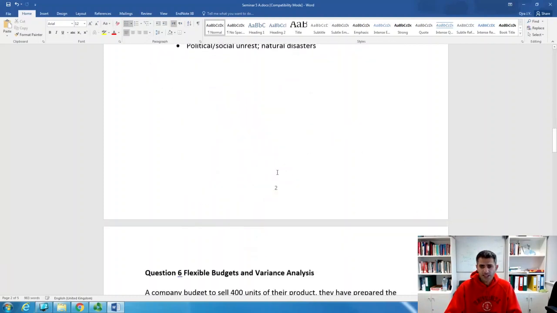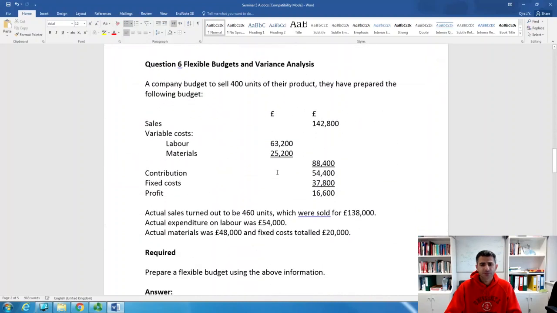Question number 6. Question number 6 is about flexible budget. The company here budgets to sell 400 units of their product. They have prepared the following budget, and if you look here, we have sales of 142,800 minus the variable cost, including the labor cost of 63,200 and the material cost of 25,200.